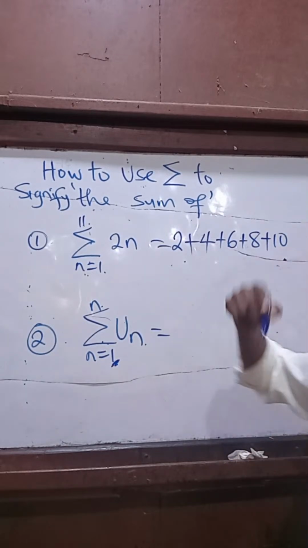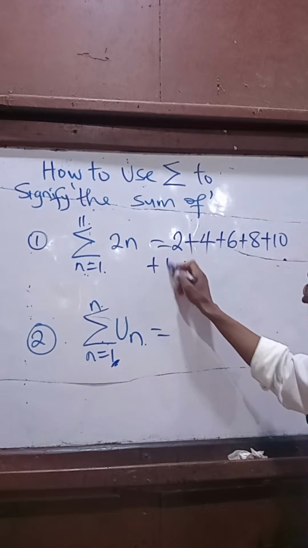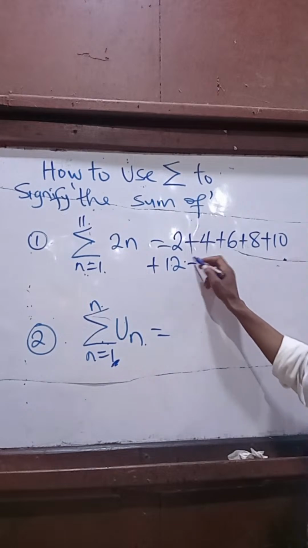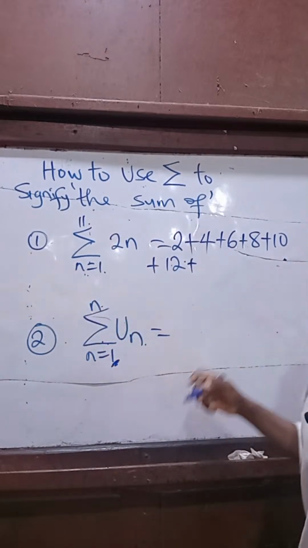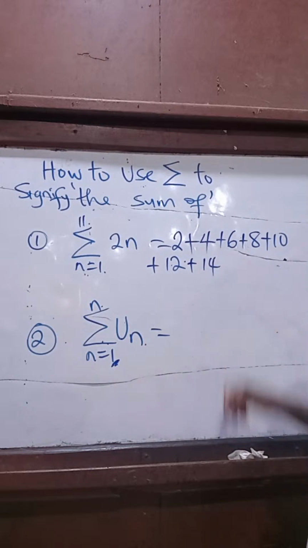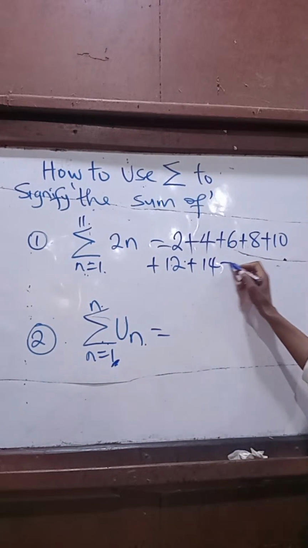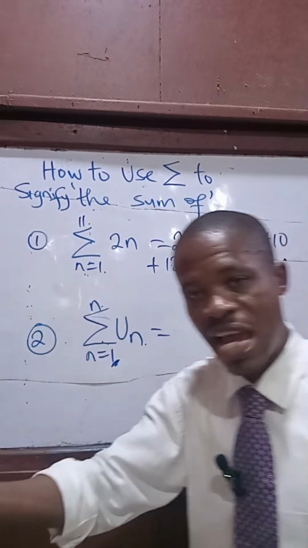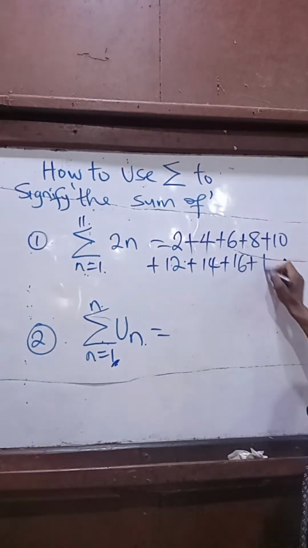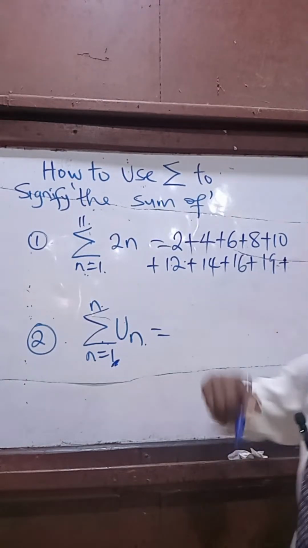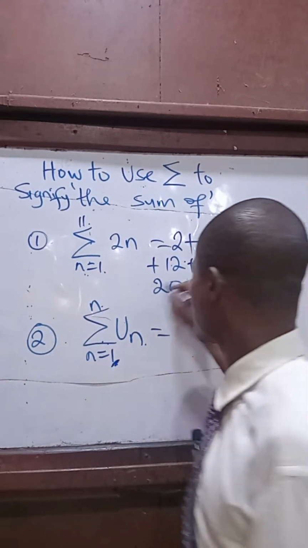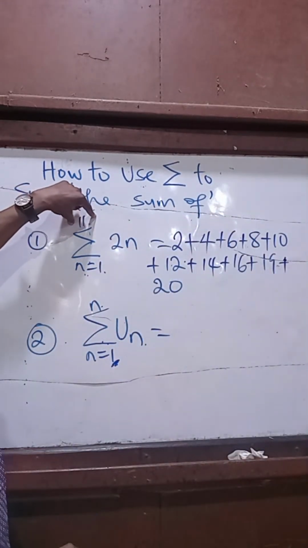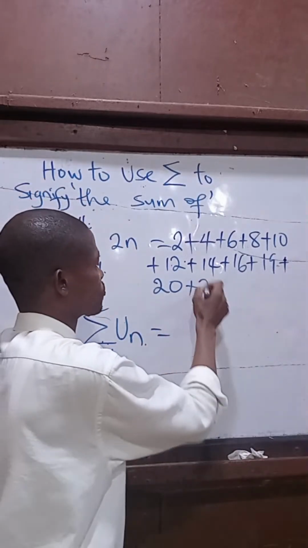And then it goes on like that, plus 2 times 6, that's 12, plus 2 times 7, that's 14, then plus 2 times 8, that's 16, plus 2 times 9, that's 18, plus 2 times 10, that's 20, and finally plus 2 times 11, that's 22.